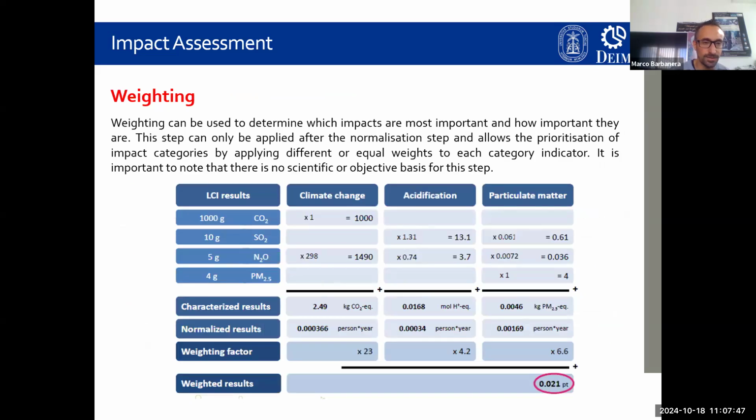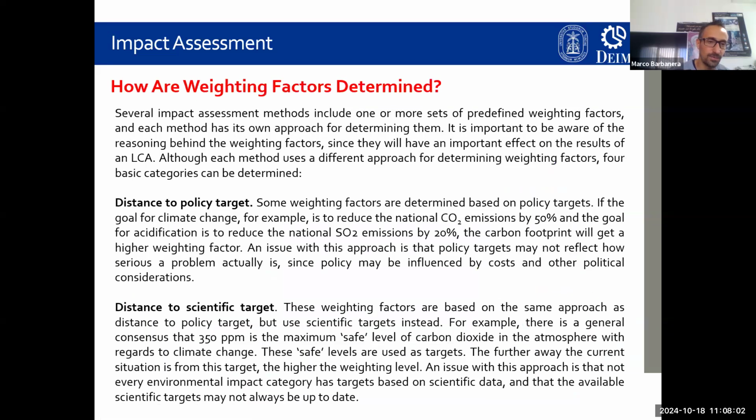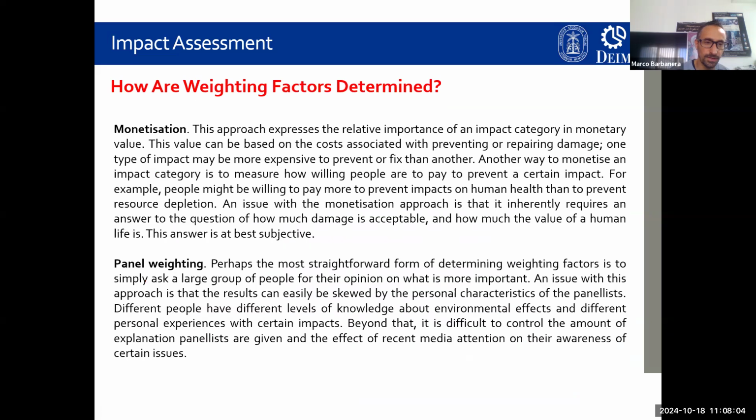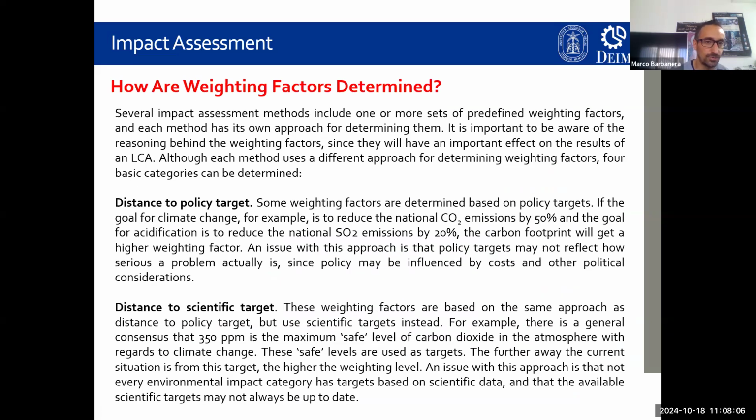The possible question about the weighting step is how these weighting factors are determined, are calculated. So typically, we have four different options for the calculation and for the definition of the weighting factors.